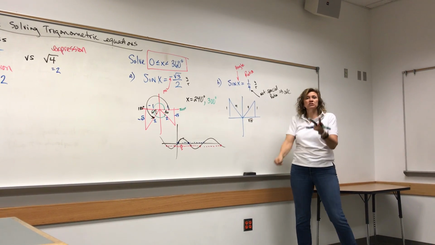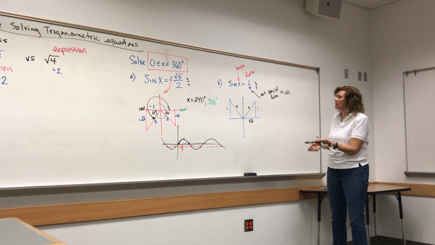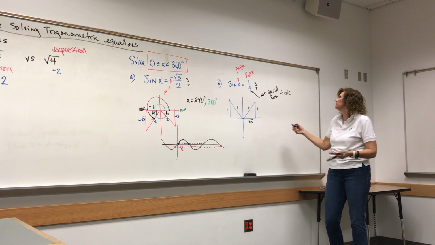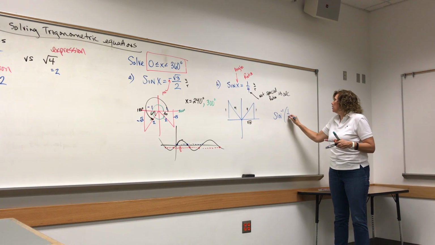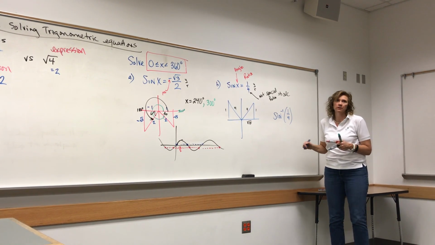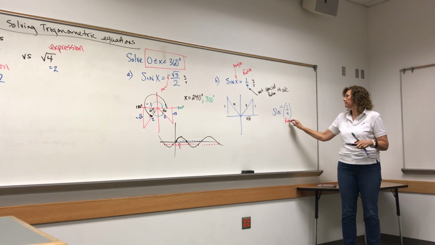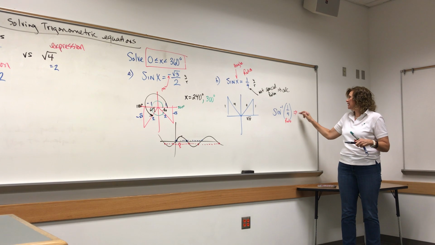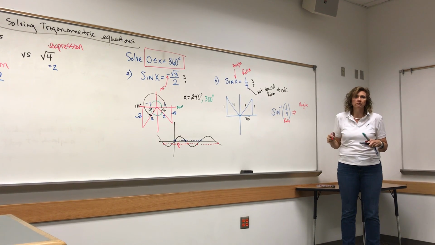Inverse. The inverse sine. Thank you for saying that, because I always forget to mention it, and you guys go to calculus, and I probably look like a goofball. All right, so we're going to take the inverse sine of 1/4, because this is my ratio, and I'm going to get as an answer my angle, which is what we need to solve the equation.